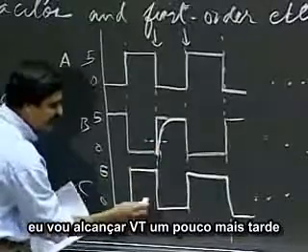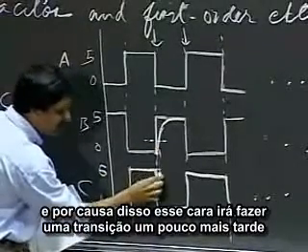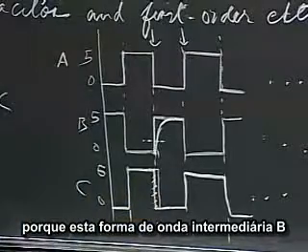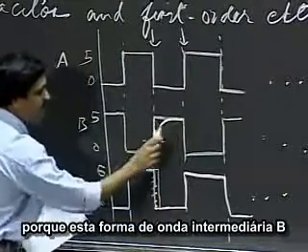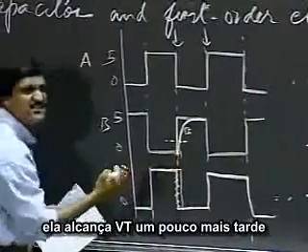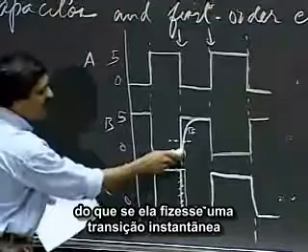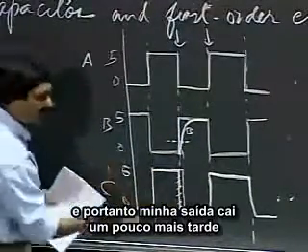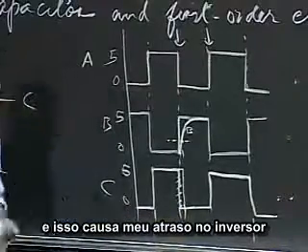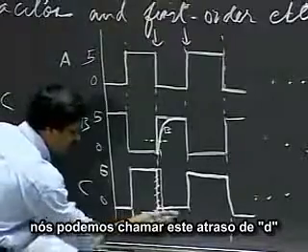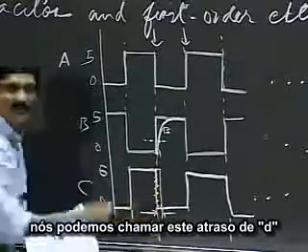Okay, so I'm going to hit VT slightly later, and because of that, this guy is going to transition just a bit later. Okay, because this intermediate waveform B is slower, it hits VT just a little bit later than if it would have made an instantaneous transition, and therefore my output falls just a little bit later, and this gives rise to my delay in the inverter. Okay, we can call that D if you like.